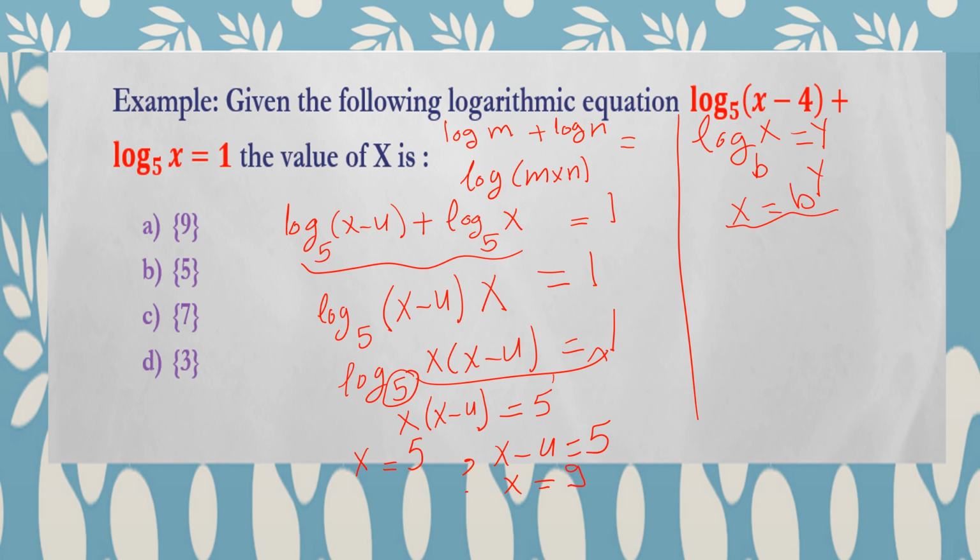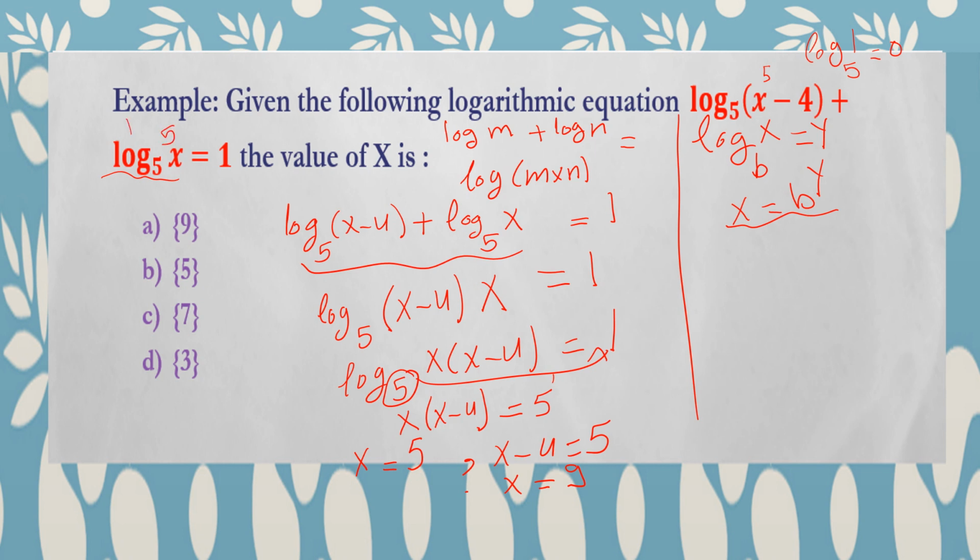By substituting the values in the example and checking the answer, we can see that for x equals 5, 5 minus 4 equals 1, and log 1 for the base 5 equals 0, and log 5 for 5 equals 1.